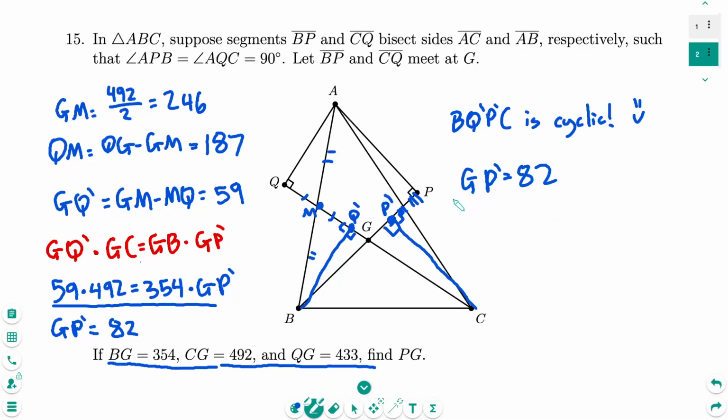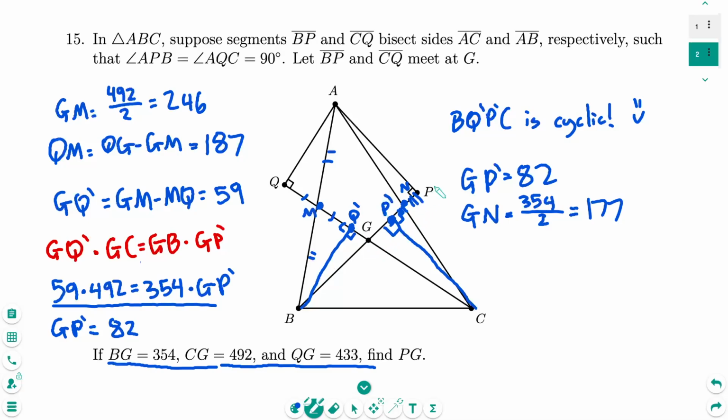Once again, if we let this point right here be N, we know that GN is equal to BG over 2, right? So that's 354 over 2, which is equal to 177. All right, so GP prime is 82, GN is 177.